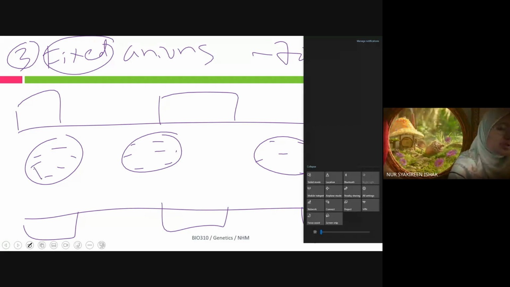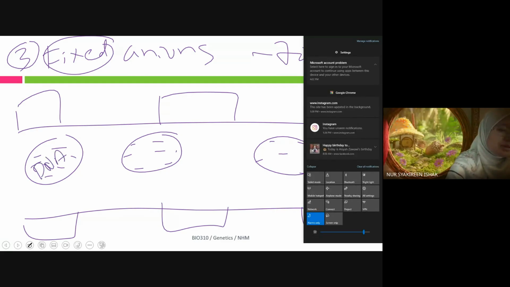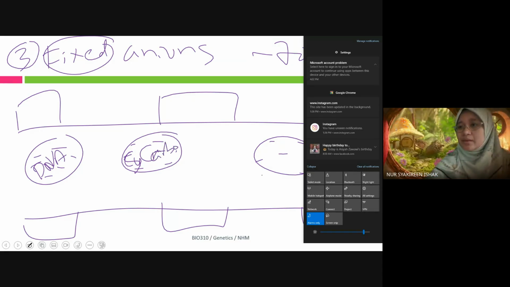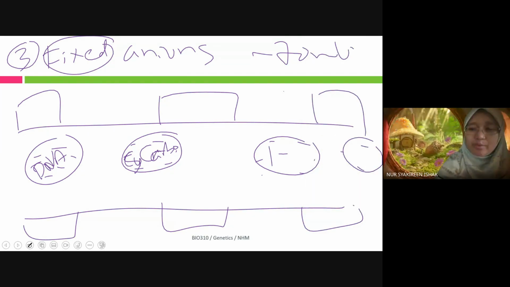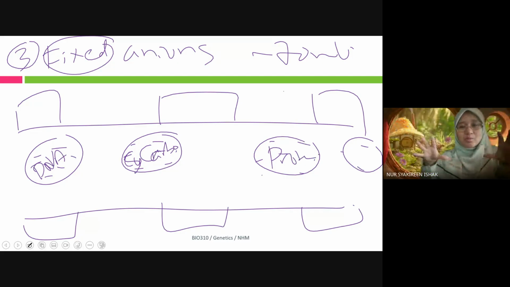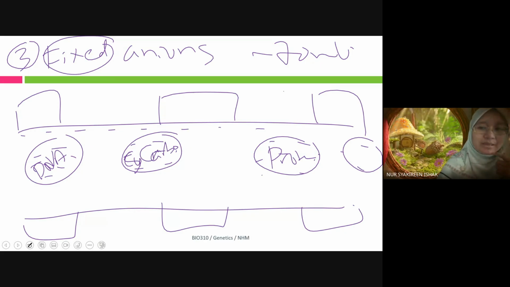This macromolecule can be DNA, it can be carbohydrate, and then it can be proteins. Okay, so these large macromolecules that are negatively charged inside the axon contribute to the axon being negatively charged.